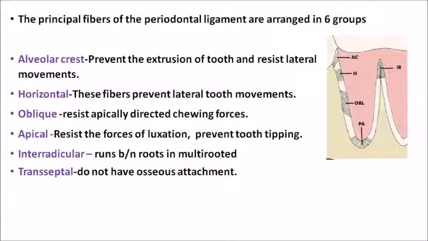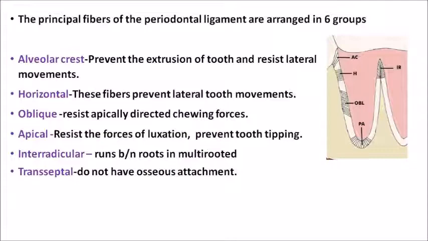Okay. The first one is alveolar crest. Consider a tooth root and an alveolar bone. The structure which connects the tooth and the bone is the periodontal ligament. So these fibers in the periodontal ligament, from coronal portion to the apical portion, are as follows. Alveolar crest fibers run from the alveolar crest to the root cementum.